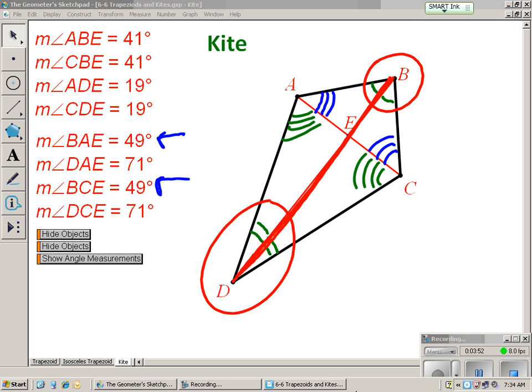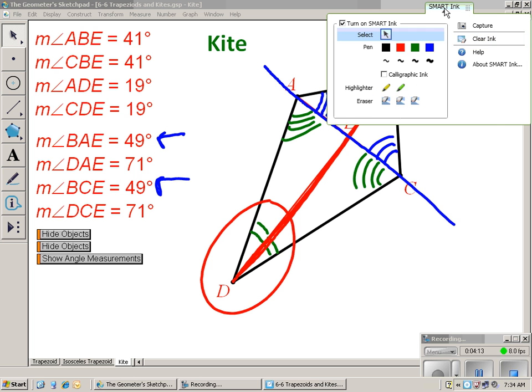Anyway, you can think of these two. If I cut this in half this way, you can think of it as two isosceles triangles because they are. And so their base angles, meaning the ones that I've drawn in right by diagonal AC, those angles are congruent to each other. Those are some nice things to know.